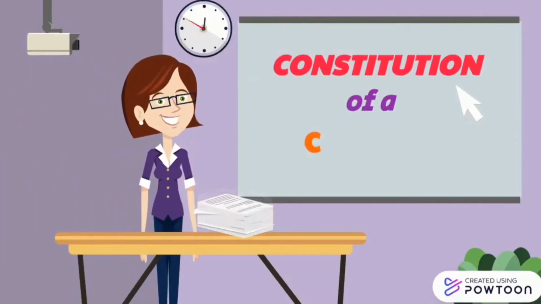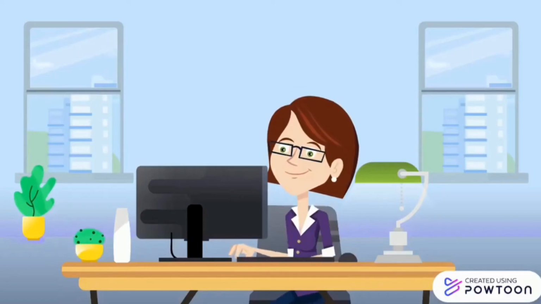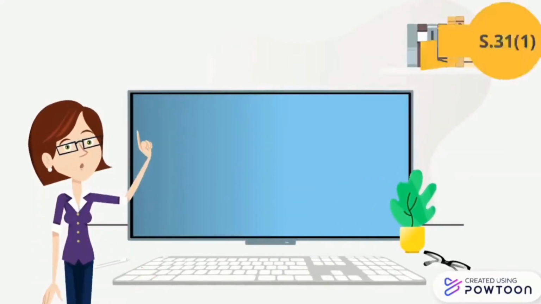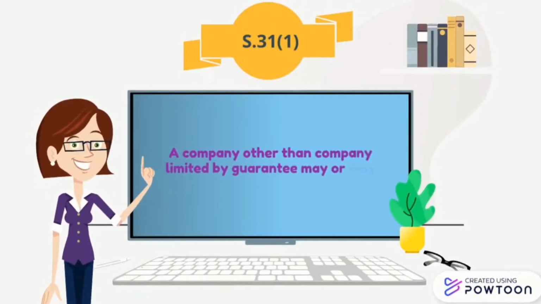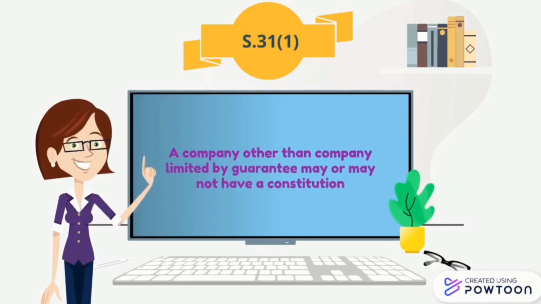Constitution of a company. Section 38(1). A company limited by guarantee shall have a constitution. Section 31(1). A company, other than a company limited by guarantee, may or may not have a constitution.